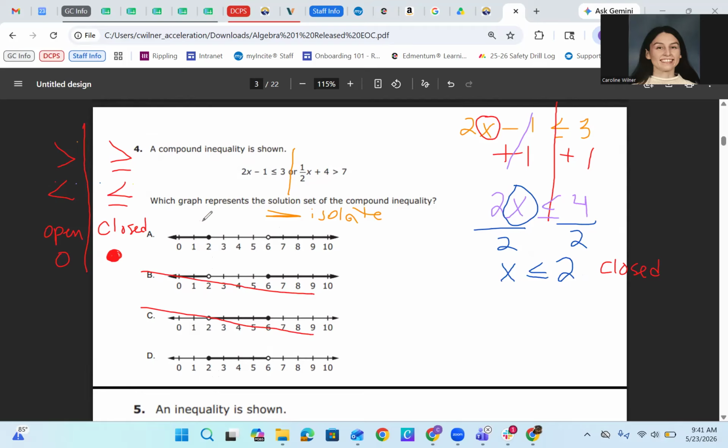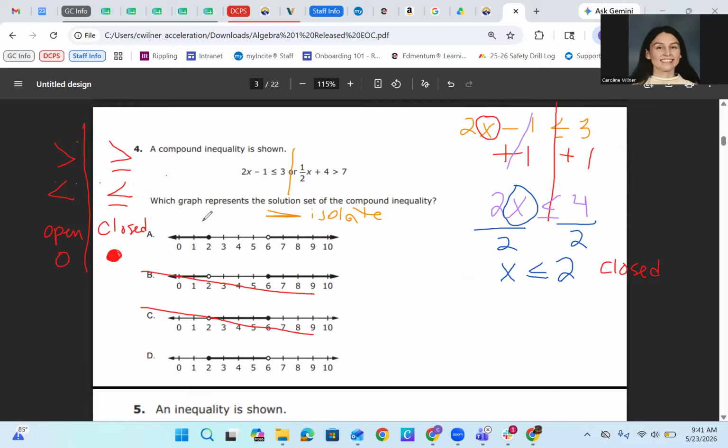Now with this problem, I do not even need to solve the other inequality. Why? Because that inequality still is telling us another piece of information. It is also telling us the direction in which I should see shading on the number line.